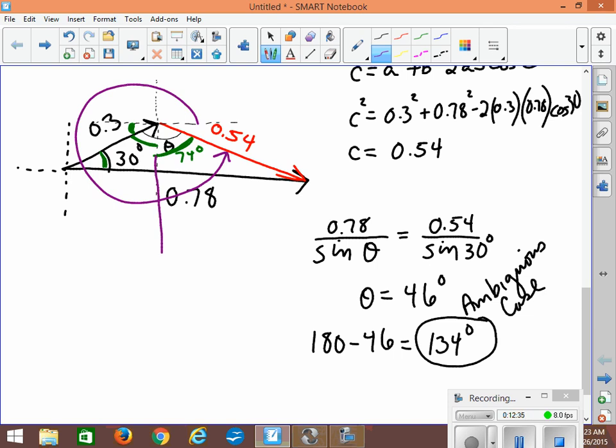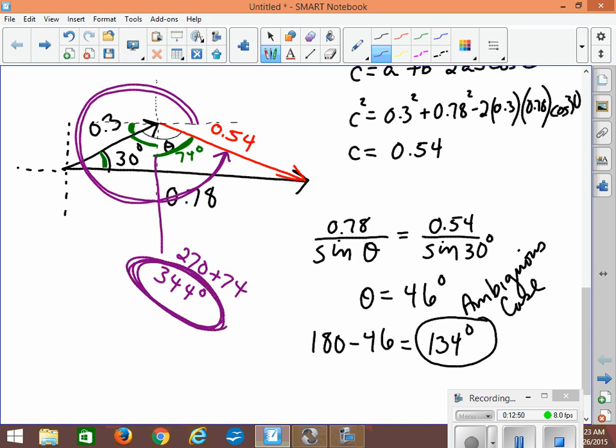It's 270 all the way around to here, and then plus an additional 74. So 270 plus 74 tells me the angle, so 344 is the angle that I want for my red vector. So the answer to this vector subtraction is 0.54, and the standard position angle is 344 degrees.